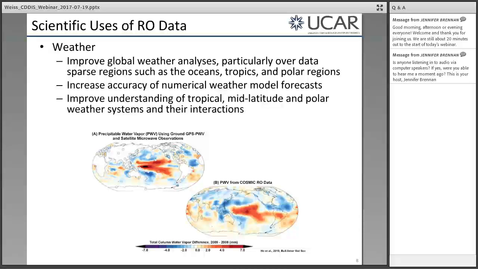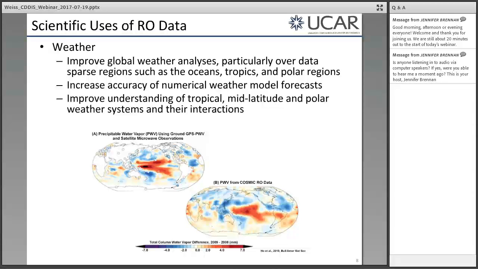Scientific uses. The big one is, of course, weather. These days, all major global weather centers assimilate radio occultation profiles into their numerical weather prediction systems for their forecasts. Because it's a globally functioning technique, it's particularly useful over regions sparsely covered by other instruments, so the oceans and the southern hemisphere.